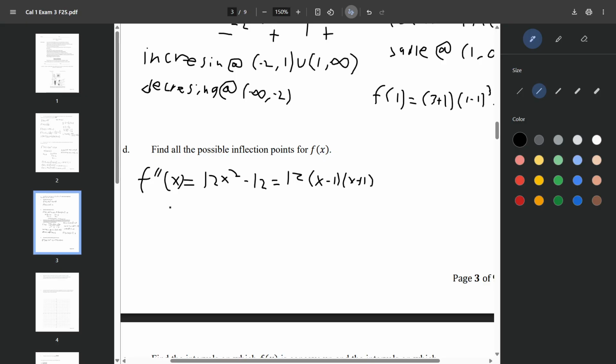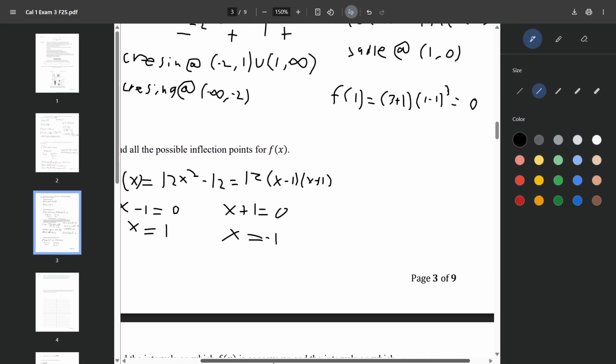So x minus 1 equals 0 and x plus 1 equals 0. So x will equal 1 and x will equal negative 1.